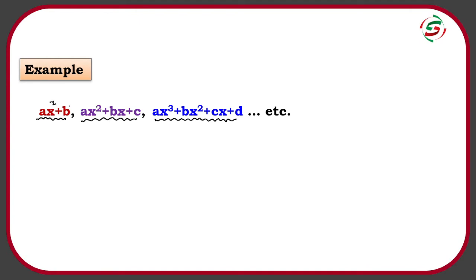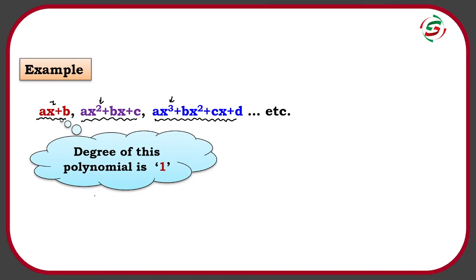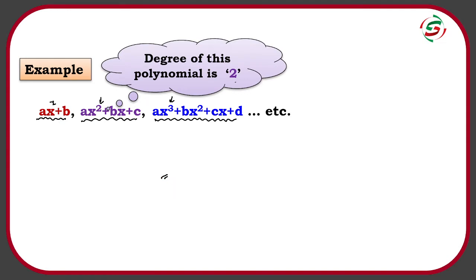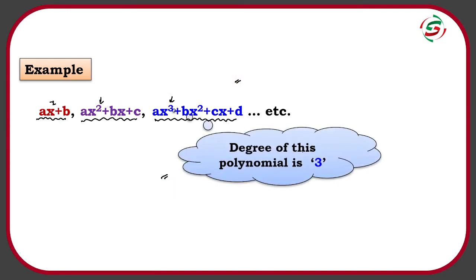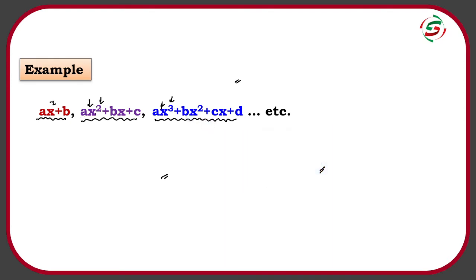Here the degree is 1, here the degree is 2, here the degree is 3, because here 3 is the highest power of the variable x, here 2 is the highest power of the variable x, here 1 is the highest power of the variable x. Clear? So this is about the definition of the polynomial, the degree of the polynomial, and the examples on the polynomial.